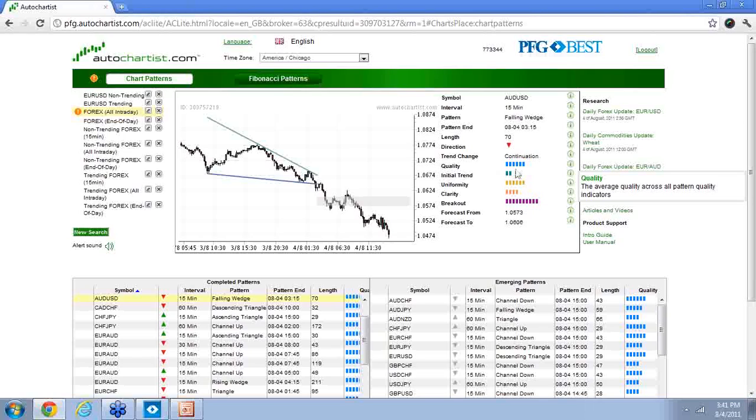And the average of all four of these give us the overall quality pattern. Some people use that to decide whether they want to take a pattern or not. They may set their quality indicator at a certain minimum or maximum, and they may only choose patterns that meet that criteria. So that's why that's important.